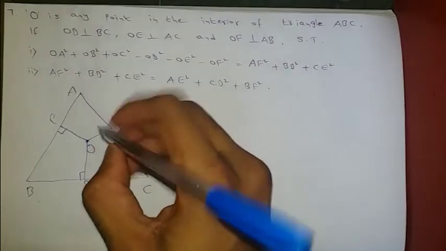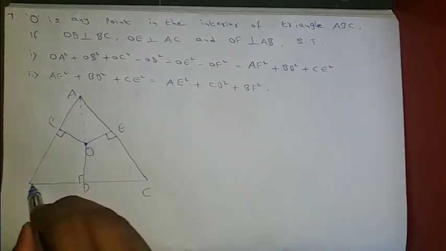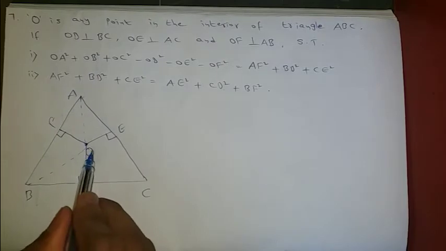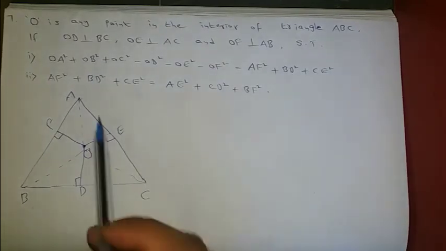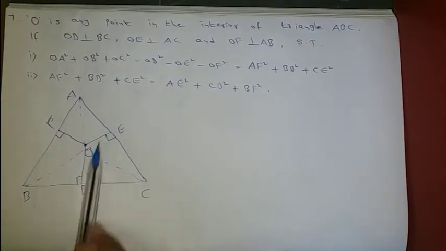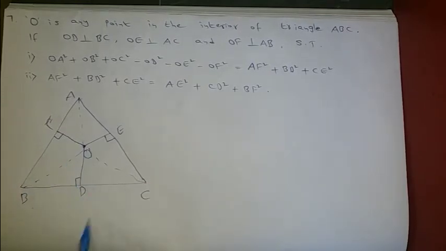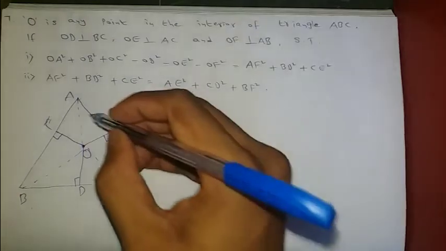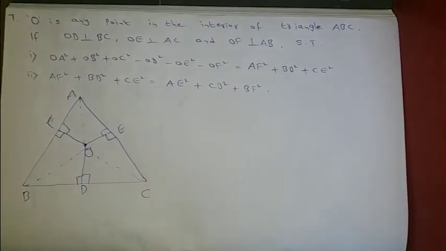So what I will do, I will draw some imaginary lines from O to A, then O to B as well as O to C. Now if we observe clearly, this AOF is one triangle, AOE is one triangle, FOB is one triangle, ODC one triangle, EOC one triangle. So total 6 triangles we have now.